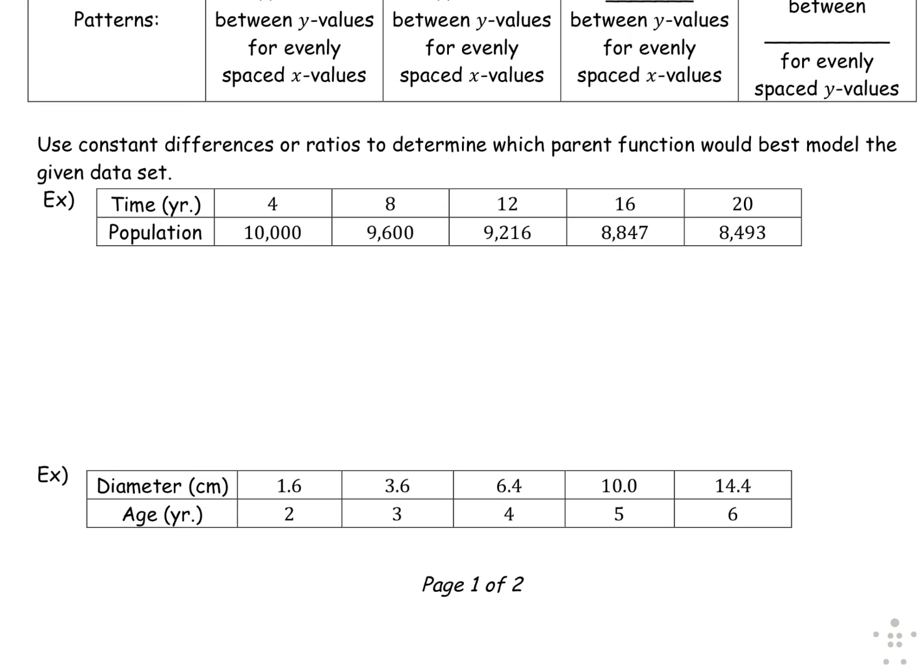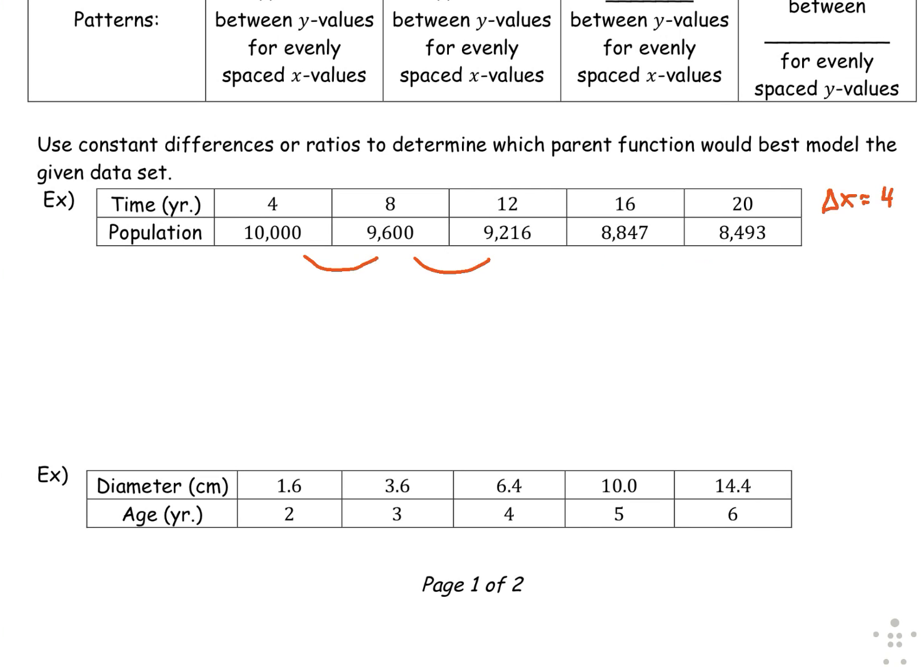So let's take a look at our first example where we have time versus population, and are our x values equally spaced? Yep, so that's good. Constant change in x is 4, so delta x equals 4. Now, quick glance, all right, so we're decreasing.